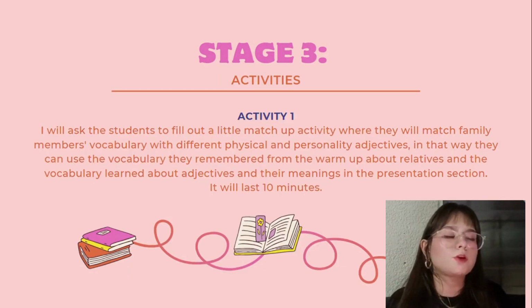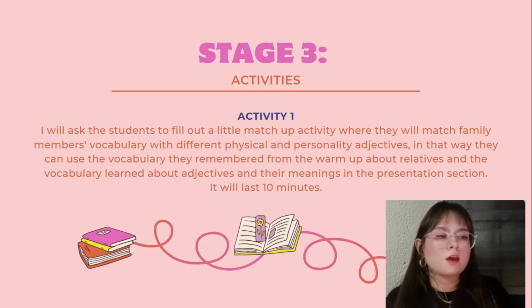So now we are going to start with the next P, which is practice. It's stage number 3, the activities. And the activity number 1 is I will ask the students to fill out a little match-up activity where they will match family members' vocabulary with different physical and personality adjectives.